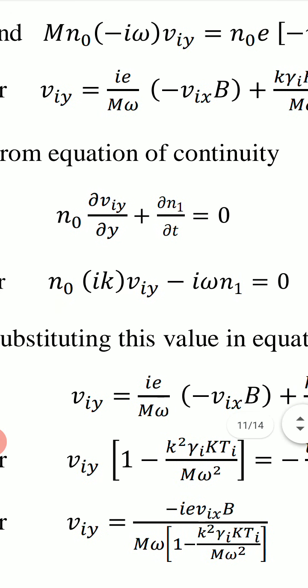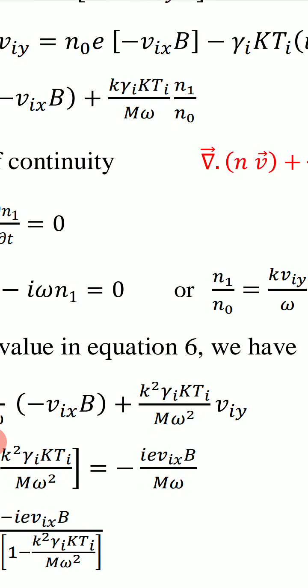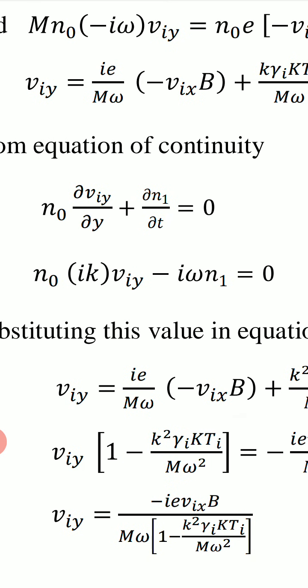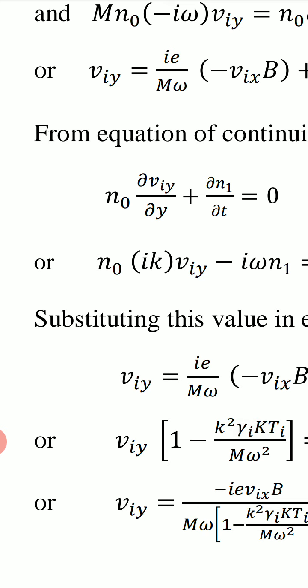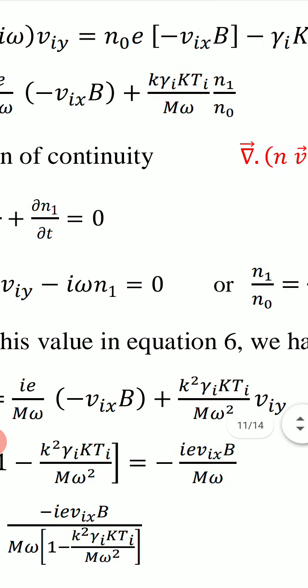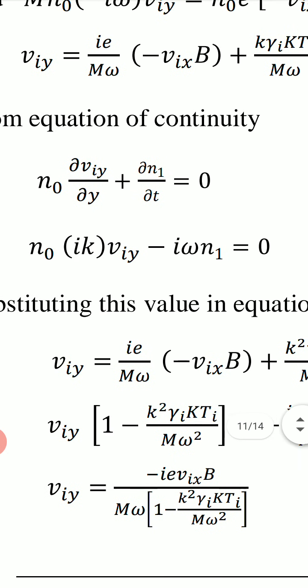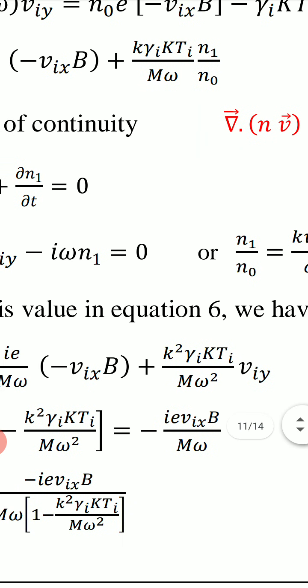From this equation of continuity we write del dot Nv. So in place of del vector we write its y component, that is delta upon delta y, and take the y component of v vector also.